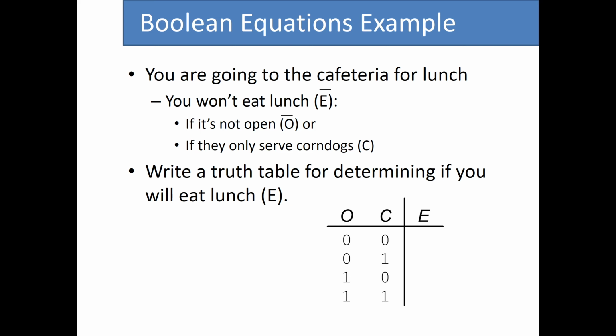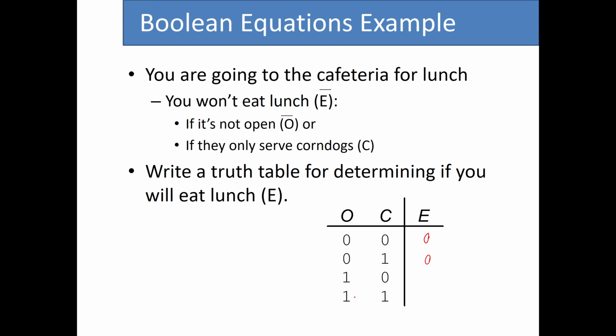So if it's not open, you don't eat lunch. Basically, anytime that O bar is true, basically O is 0 or O bar is 1, you won't eat lunch. So that means that when O is 0, E is 0. The same is true for the next row as well. But now let's say the cafeteria is open, so O is 1.